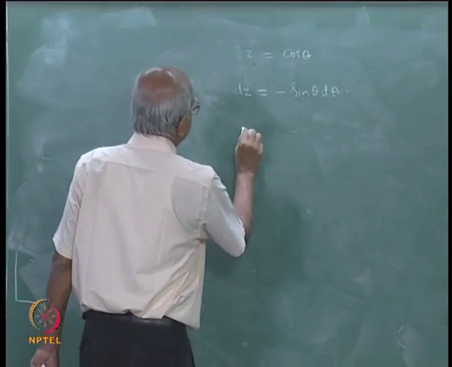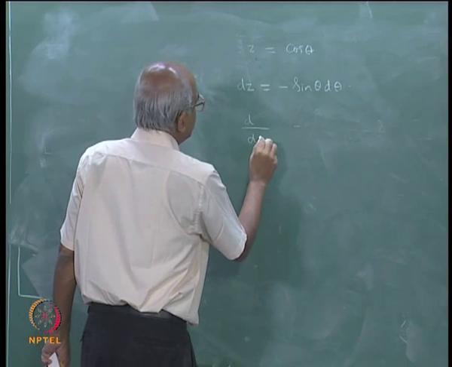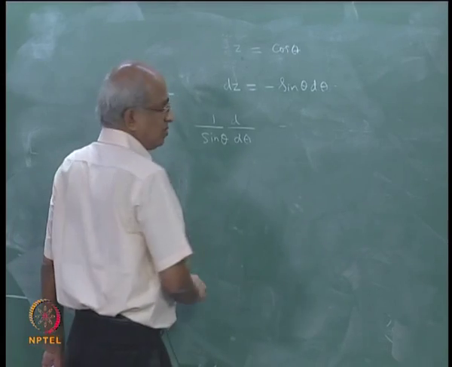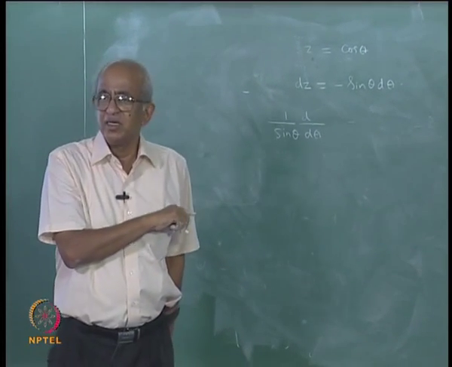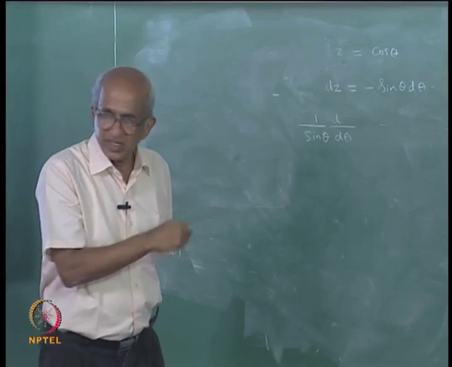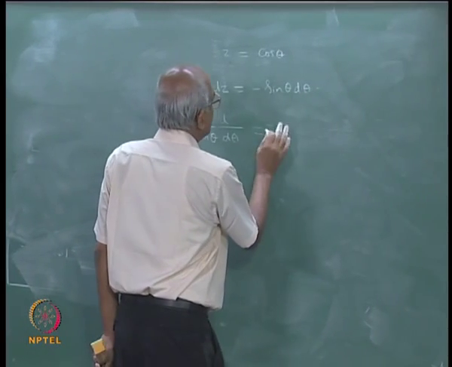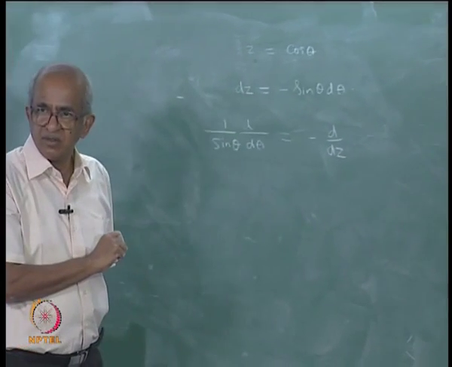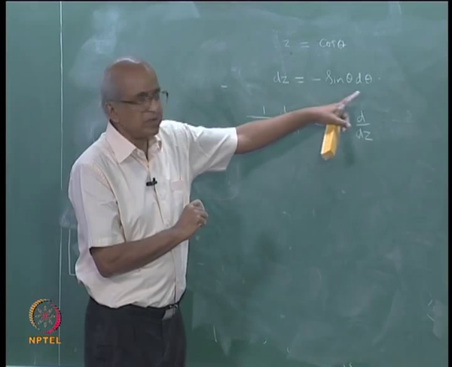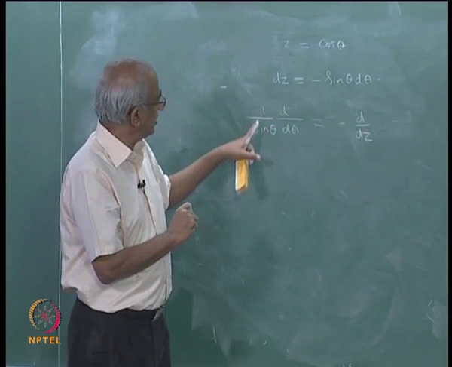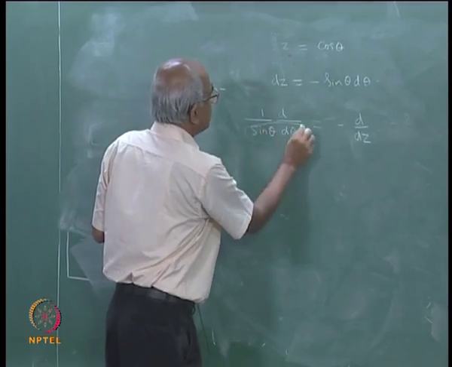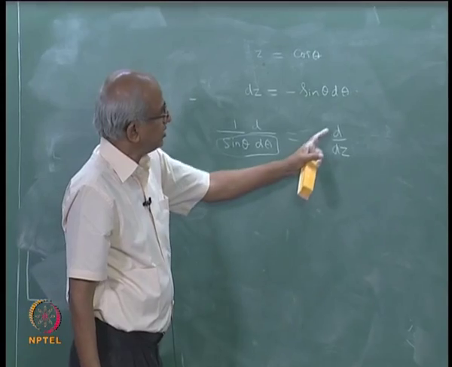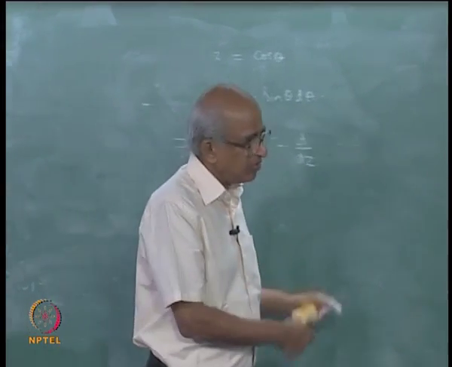Therefore, 1 by sin theta d by d theta is nothing but minus d by dz, correct? See, dz is minus sin theta d theta, so 1 by sin theta d by d theta is minus d by dz.